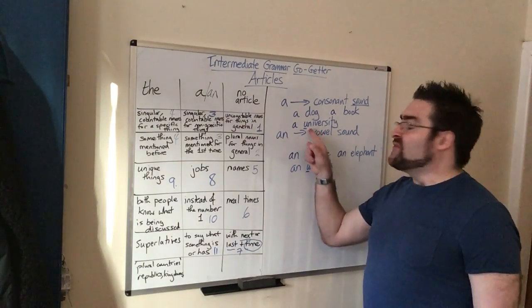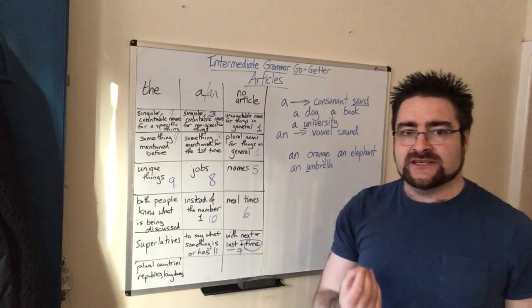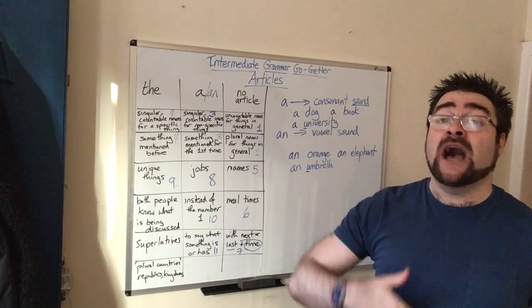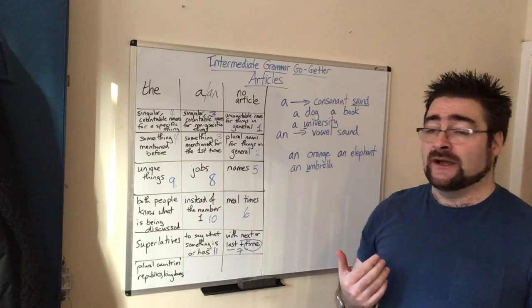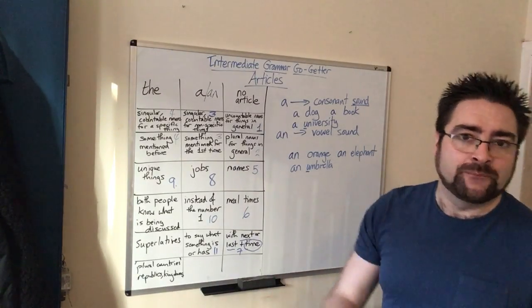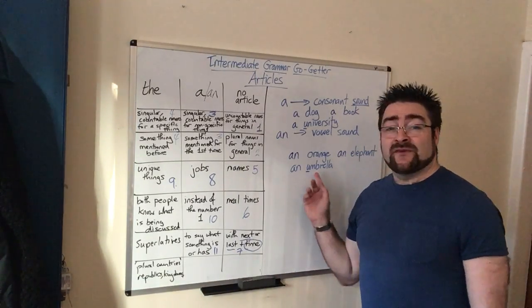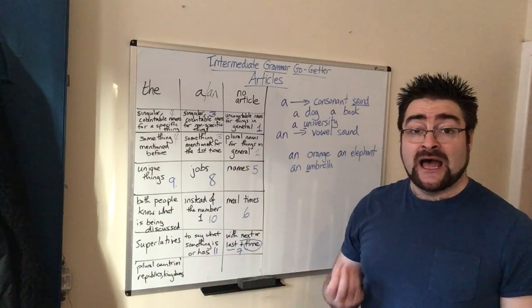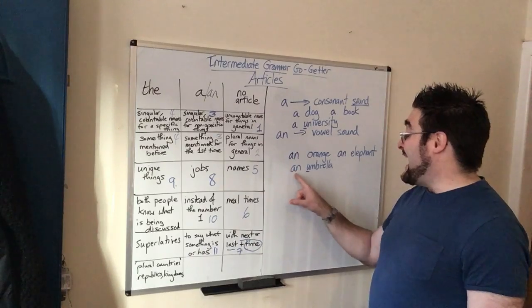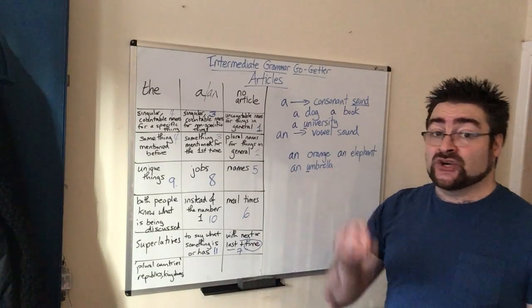This is because the first sound in university is y, which is a consonant sound. A university. Okay, a useful piece of advice, for example. But here, the first sound is O. An umbrella. So we are using an because the next sound is a vowel sound.